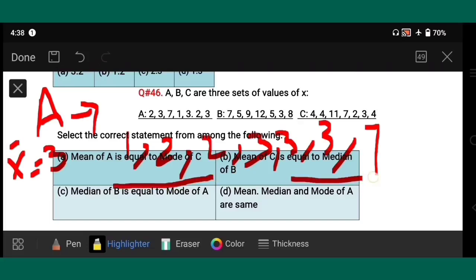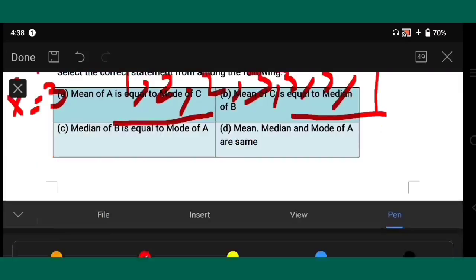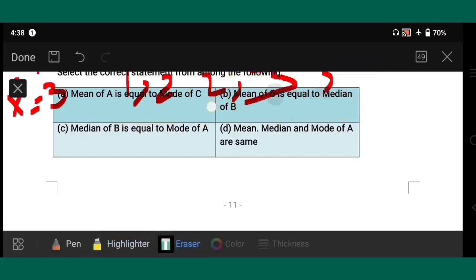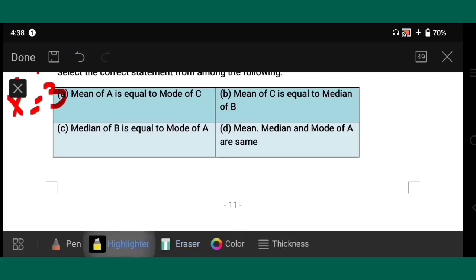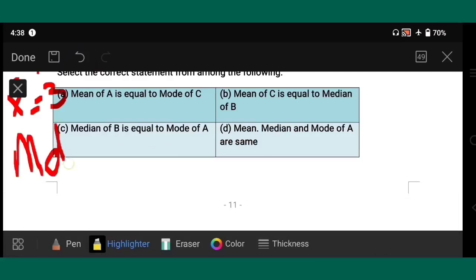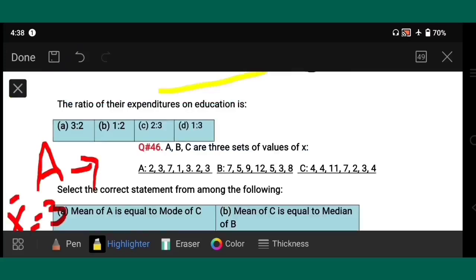The number of values is odd, so the middle one is the median. So the median is equal to 3.